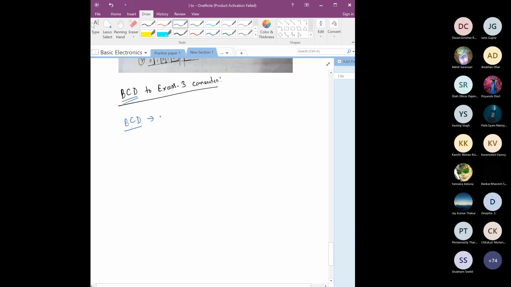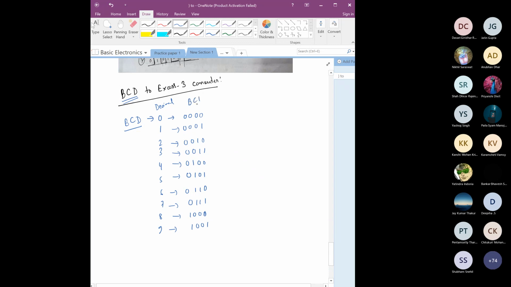And in BCD, corresponding to 1, 2, 3, 4, 5, 6, 7, 8, 9, this is the decimal, right? You have these corresponding numbers, and BCD is represented using these 4 bits. For 1 it would be 0001, for 2 it would be 0010, for 3 it would be 0011, for 4 it would be this, for 5, for 8, for 9 it would be this one, right?